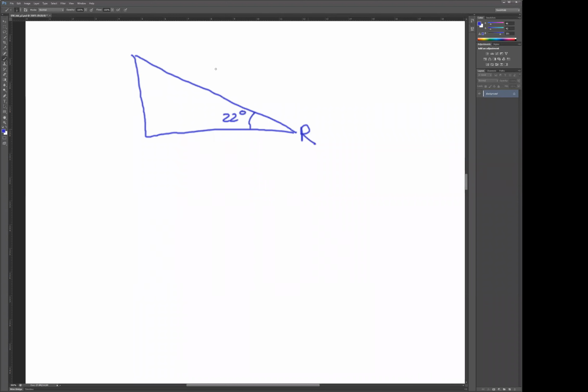This is angle R. This is angle P. This is Q. So this side is 110 millimeters, and this is 90 millimeters. So what are we required to find? First, find the length of PQ.